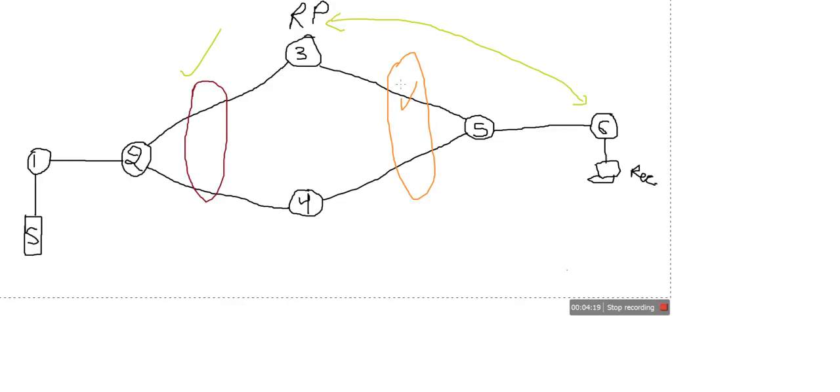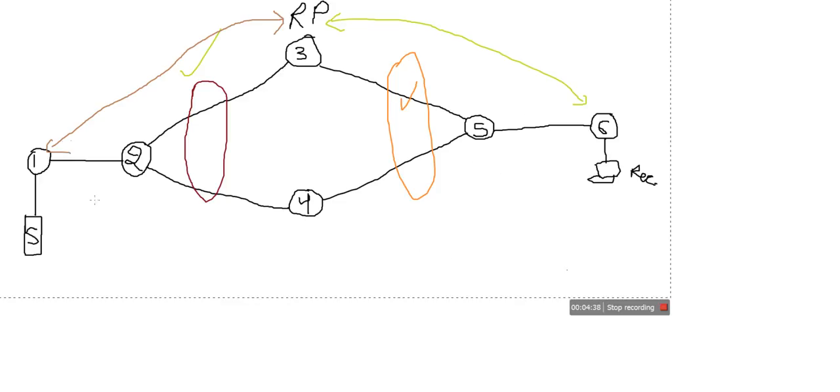What will the RP do? Will it convey any message to the source's first hop that there is nothing I can do, there are receivers but they are not stable?